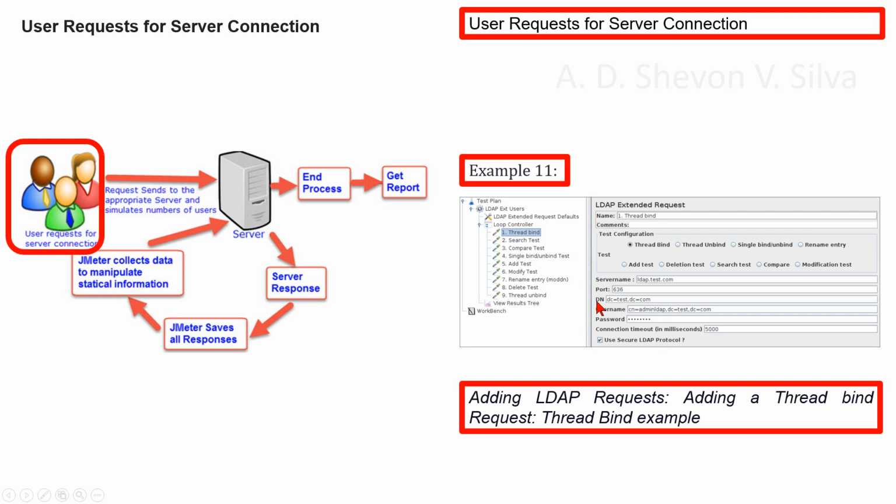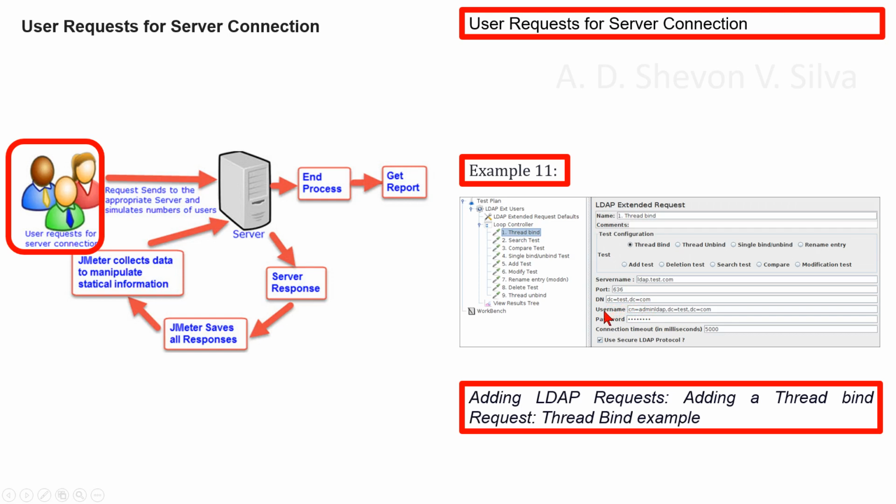For example, when all information is stored under OU equal users and DC equal test, and DC equal com, you can use this value in the base DN.